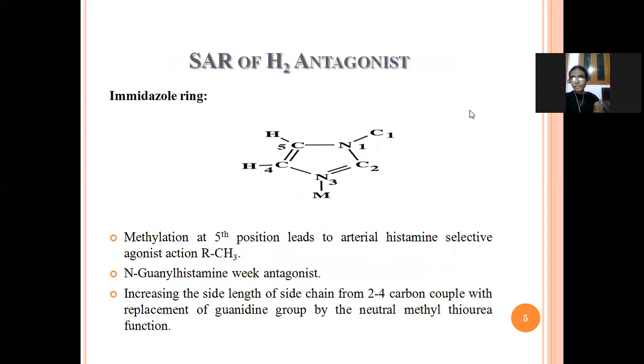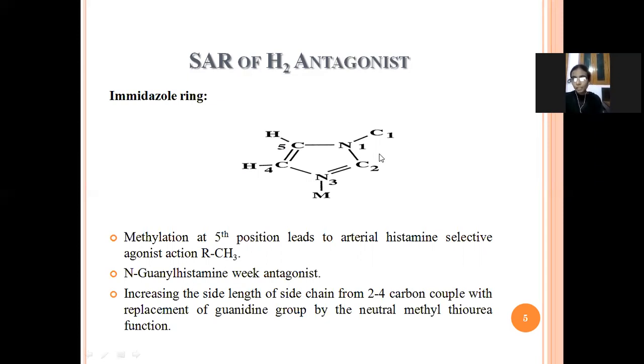Next, SAR. This is the structure of the imidazole ring. In the fifth position, if methylation is there, it increases the activity, and N-guanyl histamine is a weak antagonist.